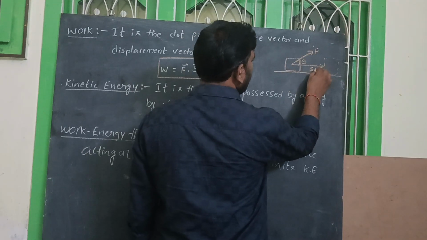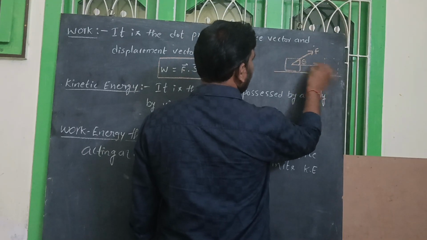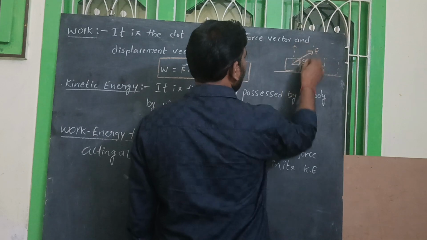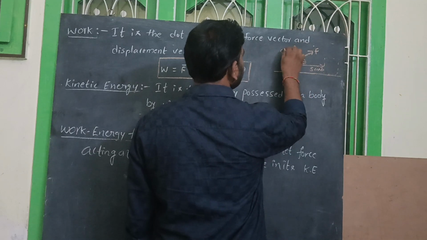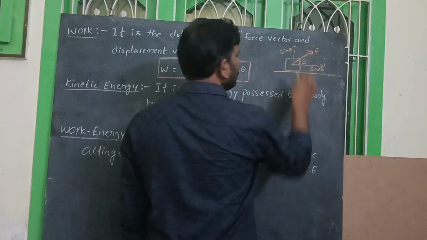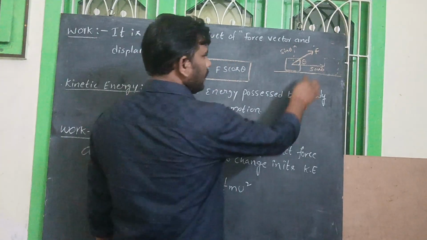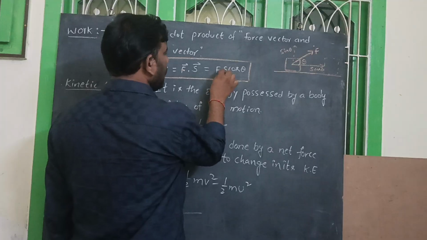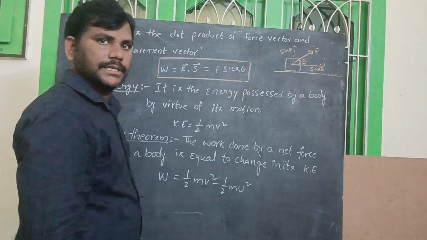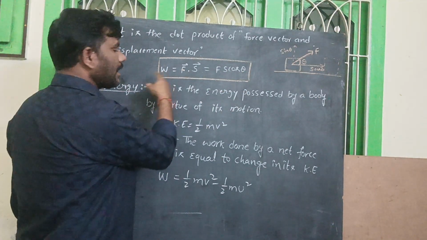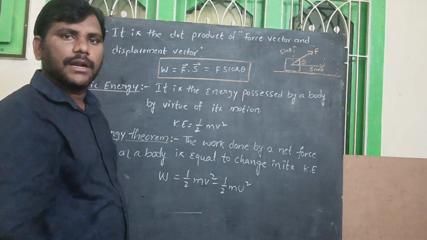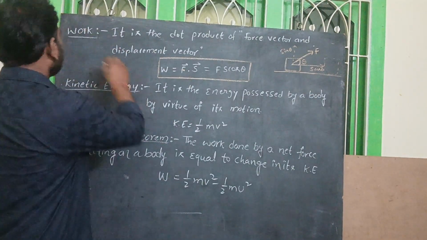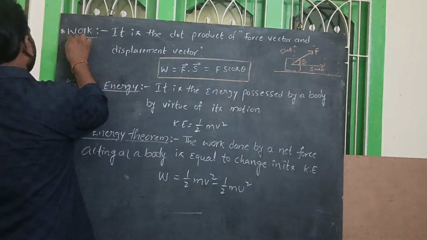Horizontal is cos theta, vertical is sin theta. So horizontally we multiply the force vector and the displacement vector, that is Fs cos theta. Finally, work done is equal to force vector dot displacement vector. So that is the work.